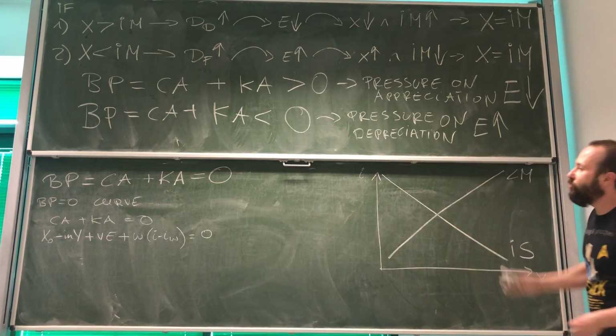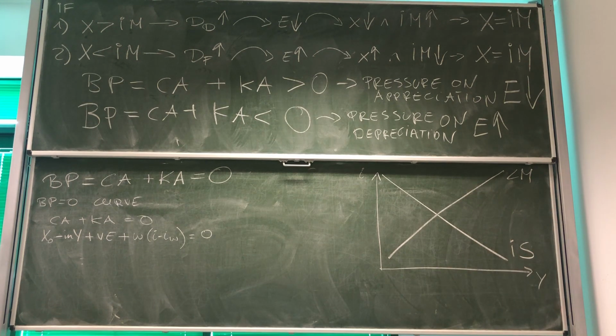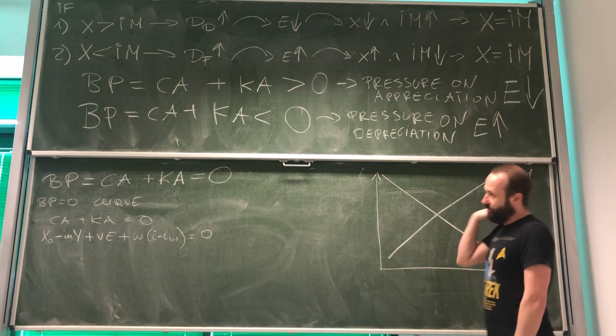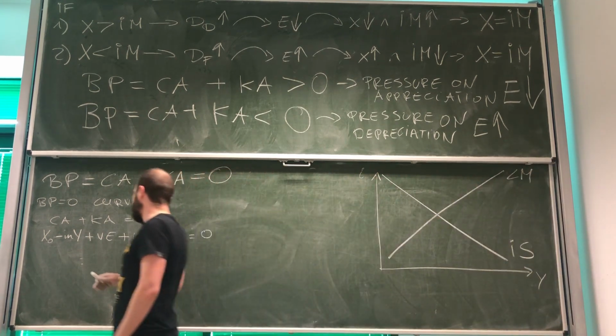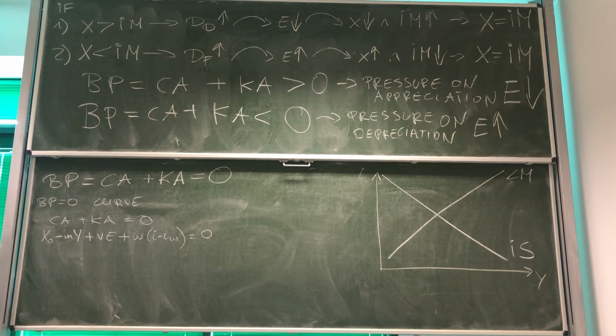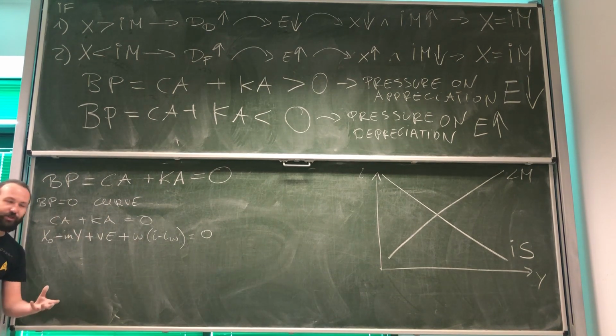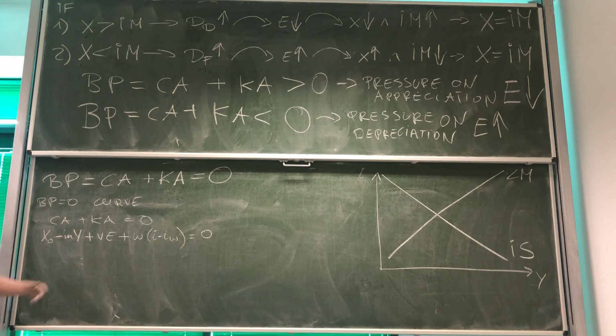And look, already this is the formula for equilibrium, so for the BP curve. But as we always do, let's put all the endogenous variables on the left, exogenous variables on the right.